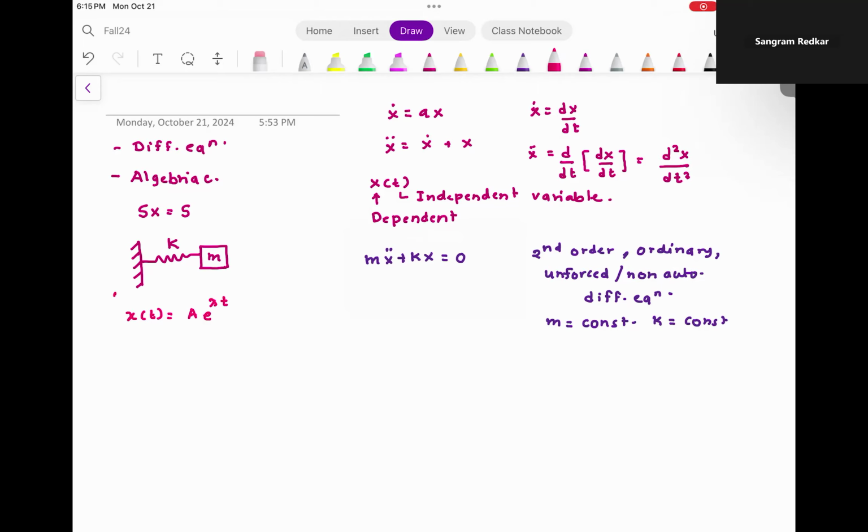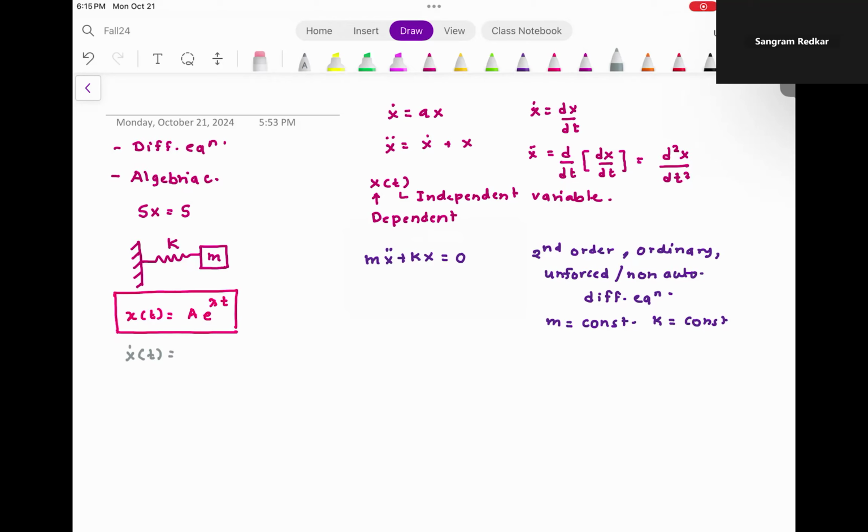This is the only thing, and I really mean this, this is the only thing that you should remember from your differential equation class. Now, what I'm going to do is substitute. So x dot of t, do you agree with me? a is a constant.